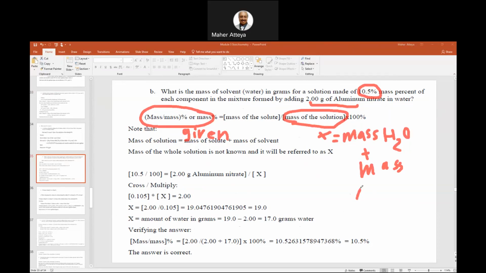So what's the formula of aluminum nitrate? Al, correct? And NO3, polyatomic, 3 minus, and the whole thing is 3. This is aluminum nitrate. So aluminum is Al, that's A, that's L.